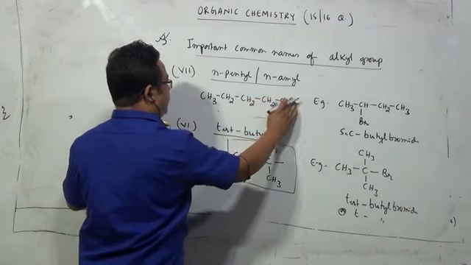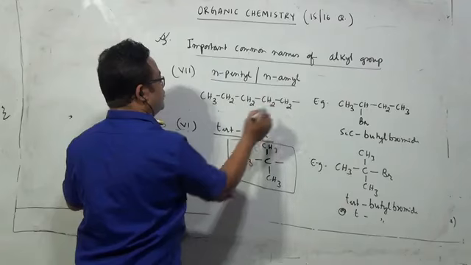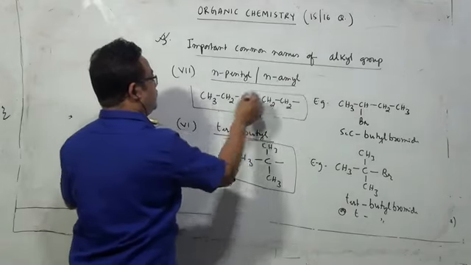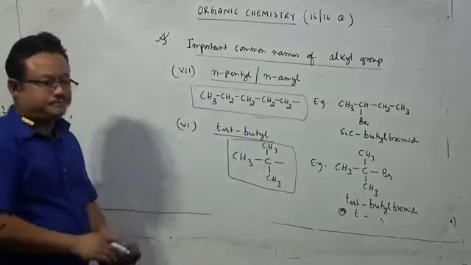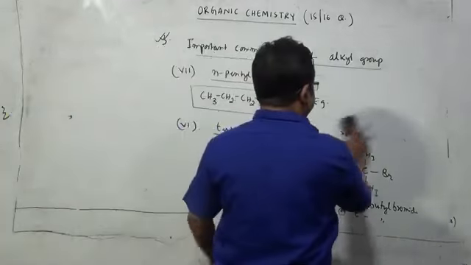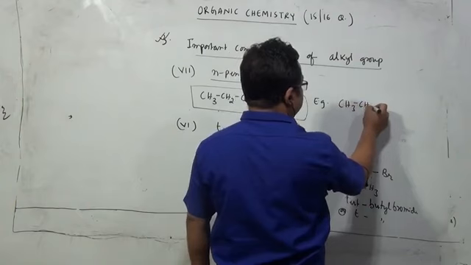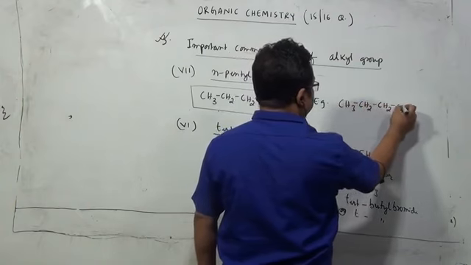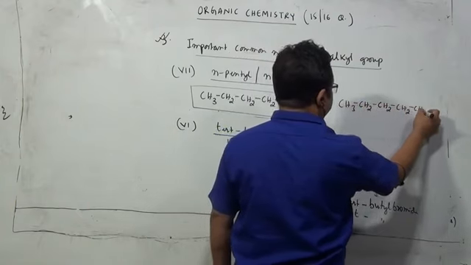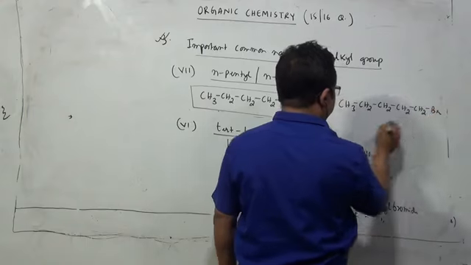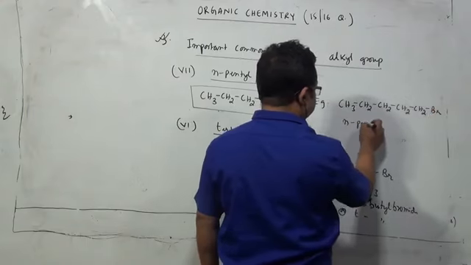Total 5 carbons; pent means 5 carbons. So this is the structure of normal pentyl: CH3, CH2, CH2, CH2, CH2, Br. So you write N-pentyl bromide.